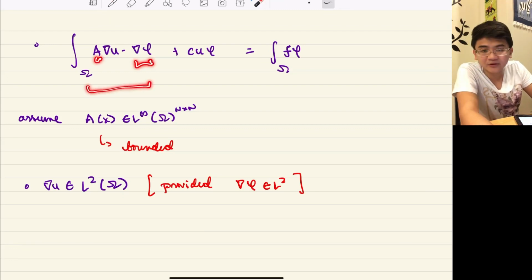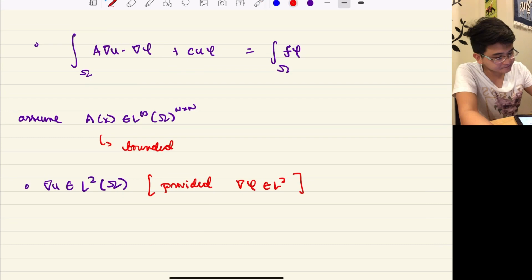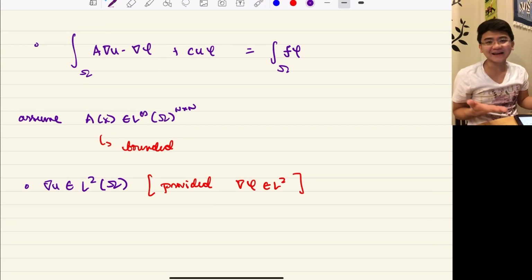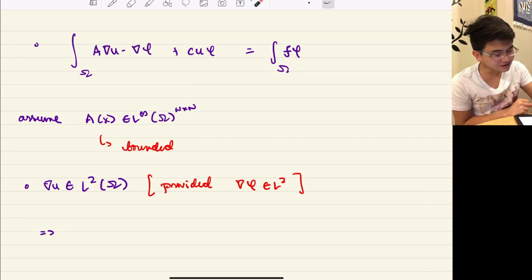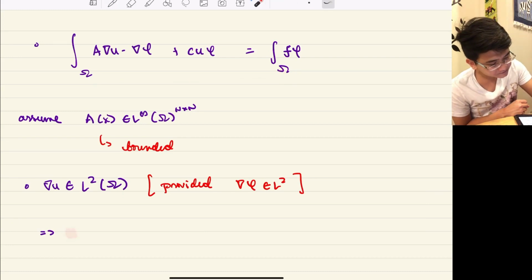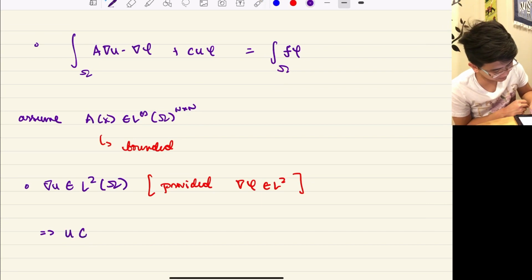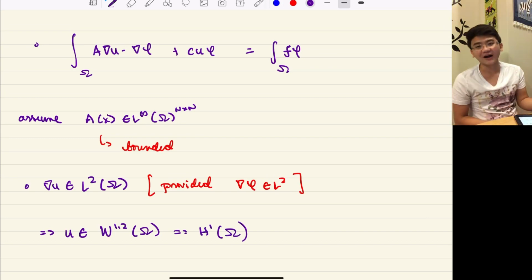For this integral to make sense by Hölder's inequality, you only need grad u to be in L2. So the punchline finally is that this would make sense if u is in W12 of omega, or notation wise it's written as H1 of omega.